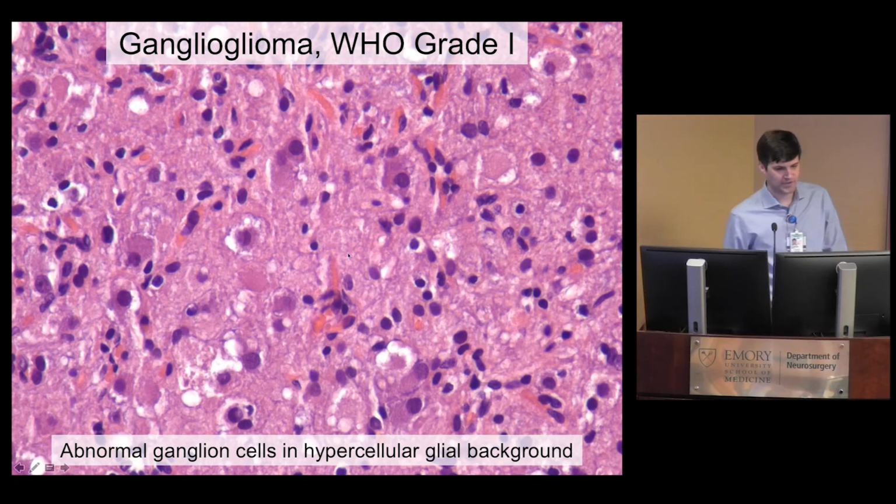Okay, most neurons you'll see in the brain will have a pyramidal shape. These guys look more like a neuron that you would see in a ganglion. Okay, they're rounded. And then in the background, you have a hypercellular glial proliferation. So there's a ganglioglioma. So it's got the ganglion cell component and then a glial component in the background.